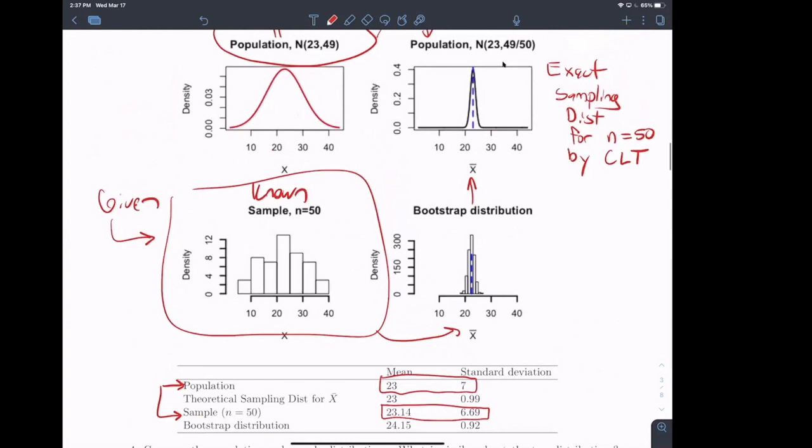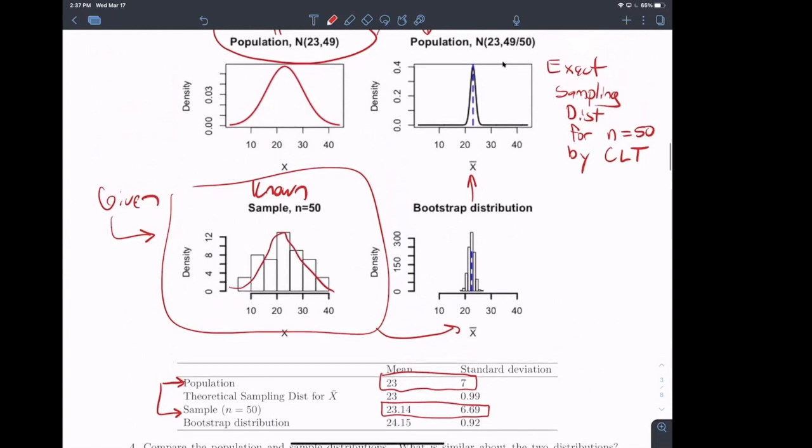Although our sample is not particularly normal in this case, it's a little bit normal. But they have the same mean, sort of. They have a close standard deviation, but not exactly the same.